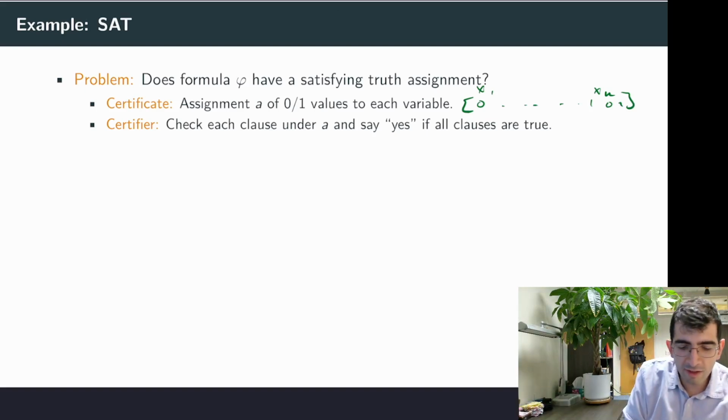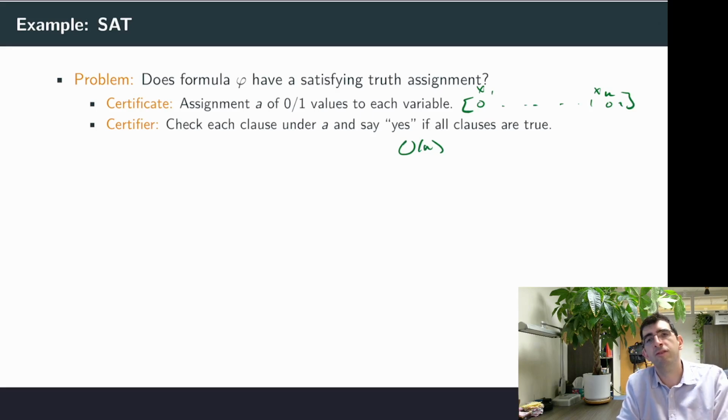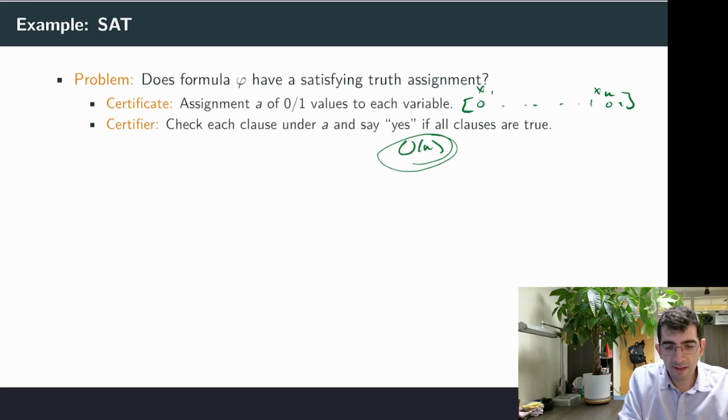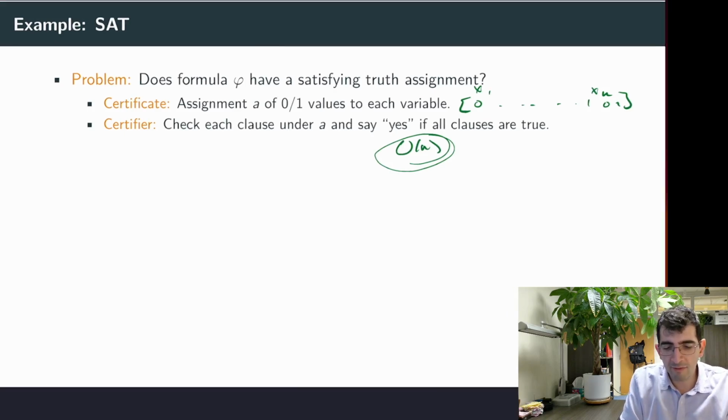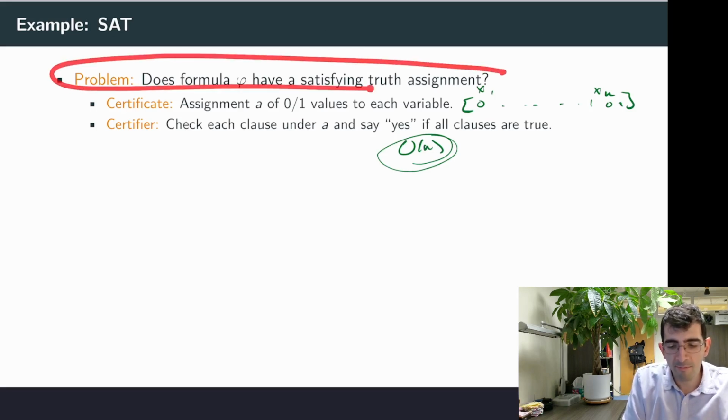So how long will this take? Well, it takes linear time with respect to the size of the SAT formula, right? So it takes linear time, which is polynomial, and we check if every clause under the assignment is satisfied, and return yes if all clauses are true. Therefore, this problem, SAT, is checkable in polynomial time.